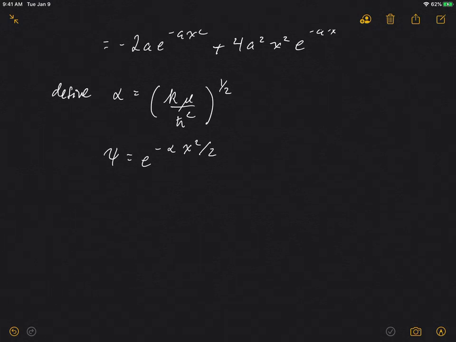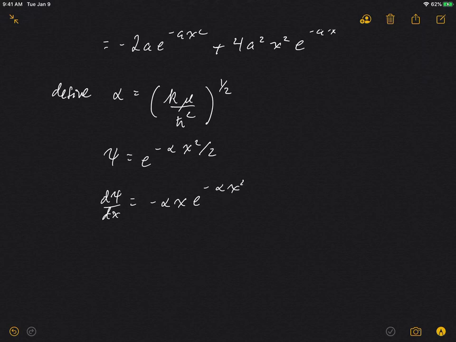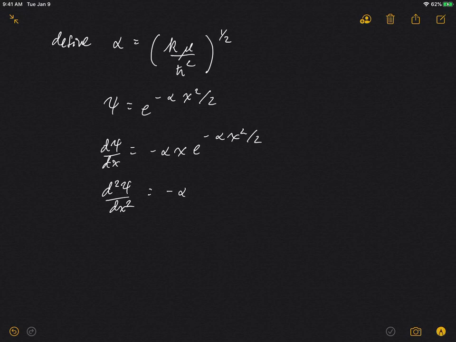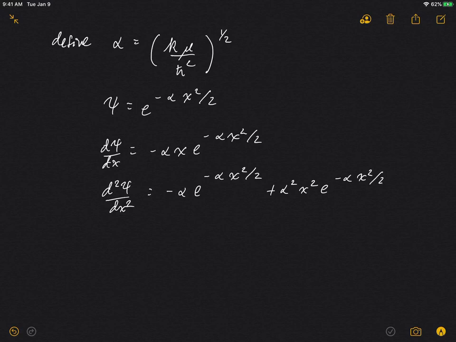Now, because this is divided by a factor of 2 there, it slightly changes the way the derivatives work. d psi dx is going to be minus alpha x e to the minus alpha x squared over 2. And d squared psi dx squared is going to be minus alpha e to the minus alpha x squared over 2 plus alpha squared x squared e to the minus alpha x squared over 2.